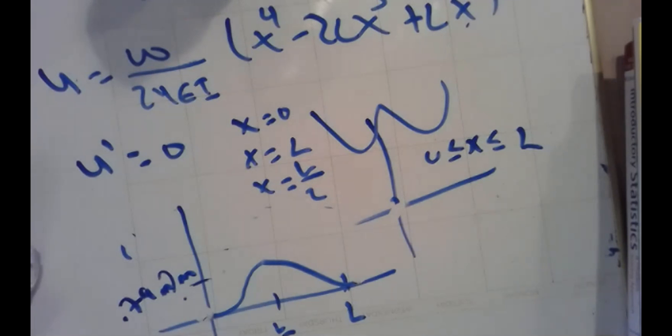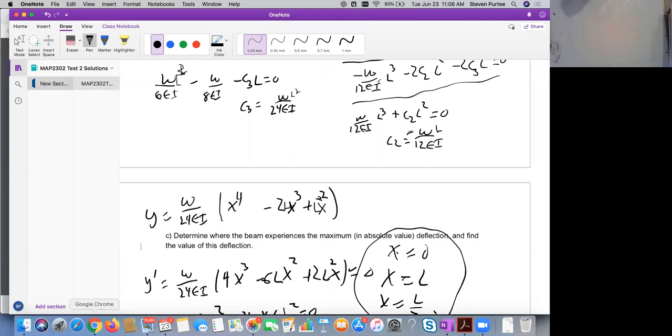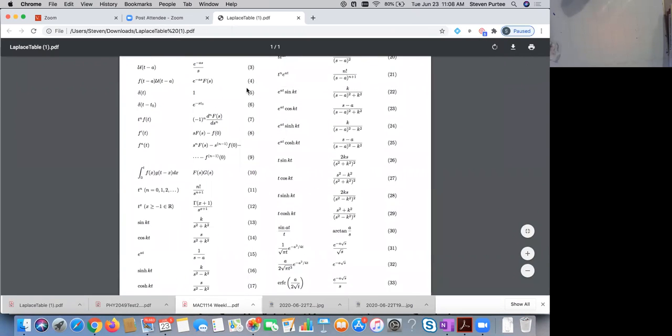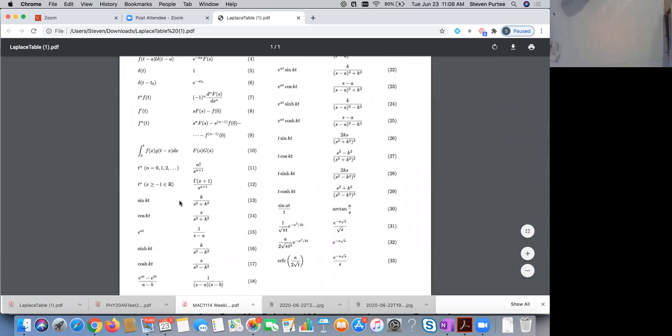Okay, let's do Laplace transforms now. So we have our Laplace transform table. That looks like this. Going forward is pretty easy. Like, say, for example, we wanted the Laplace transform of some polynomial, t to the n. Then we would just use this.